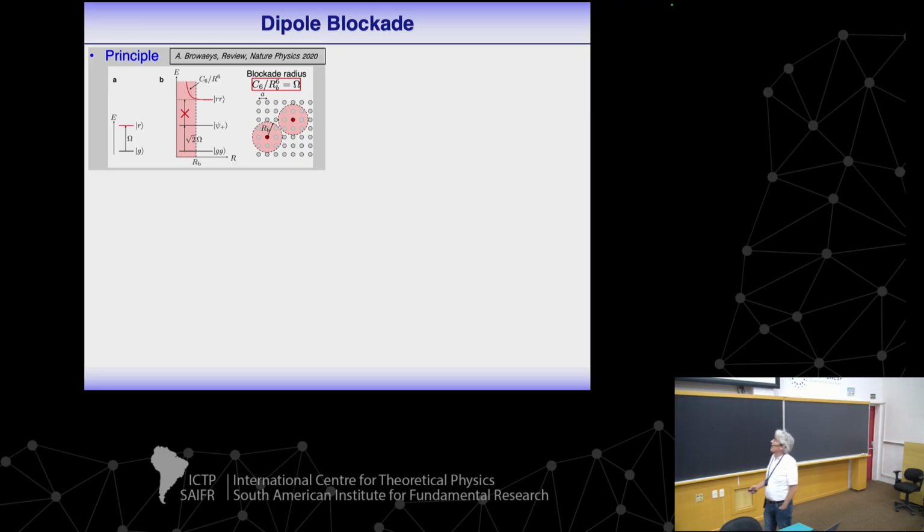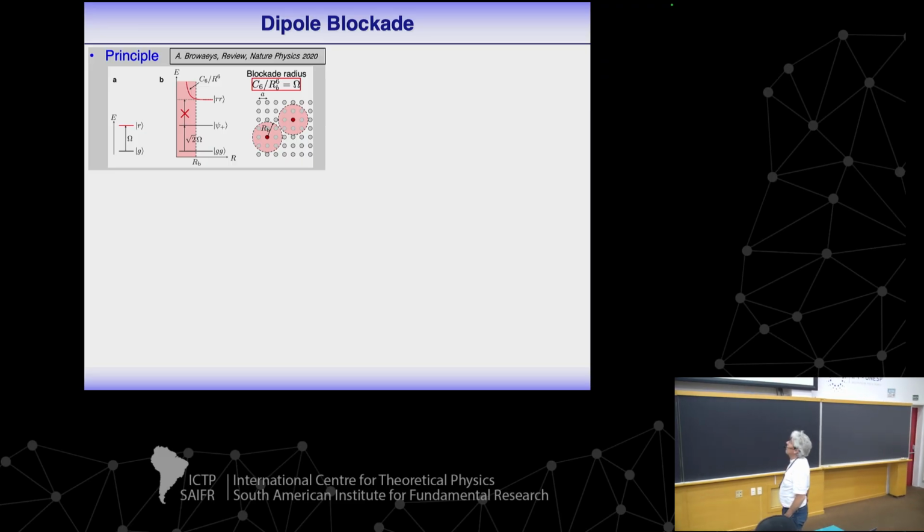The point is that if you have a pair of atoms in G, once a first atom is excited, then due to dipole-dipole interaction, the energy of the pair with 2 atoms in the Rydberg level is shifted. Here it is shifted upward, and the shift increases as 1 over R^6.